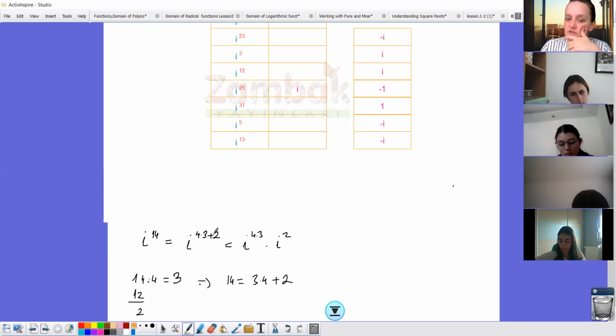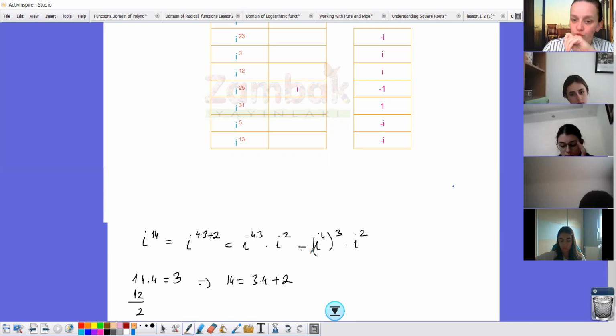Can I separate, because it's addition here? I can separate the multiplication. This one is (i to the power of 4) cubed times i squared, yes? So what is i to the power of 4? We said it is 1.